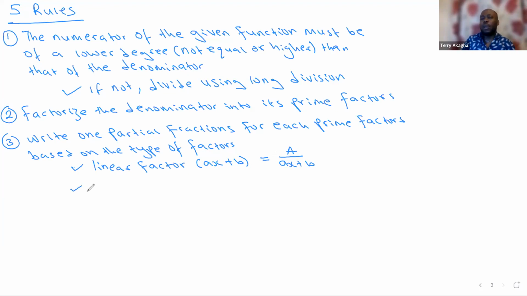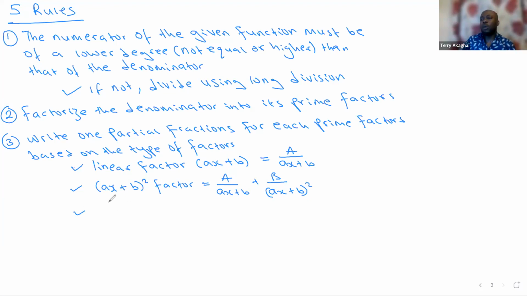The second one is what we call the (ax + b) squared factor. You write it in the form of A over ax plus b, plus B over (ax plus b) all squared. Is that making sense?